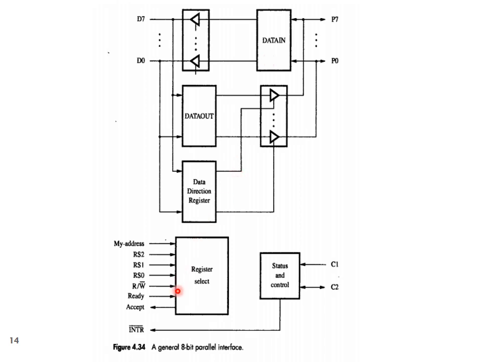And here we also have the interrupt signal INTR indicated, which can be used for interrupting the processor if required for performing various input output operations. So this is a general parallel 8-bit interface which is more flexible compared to the combined one or a separate input or output interface.